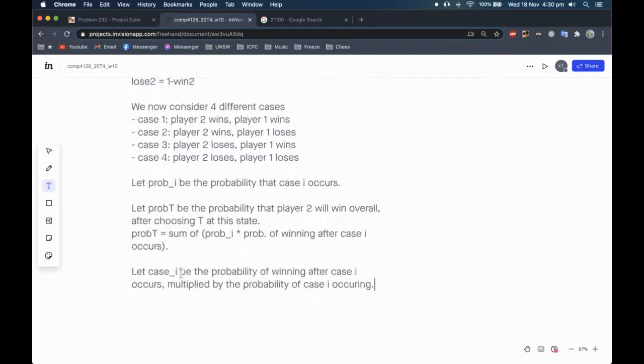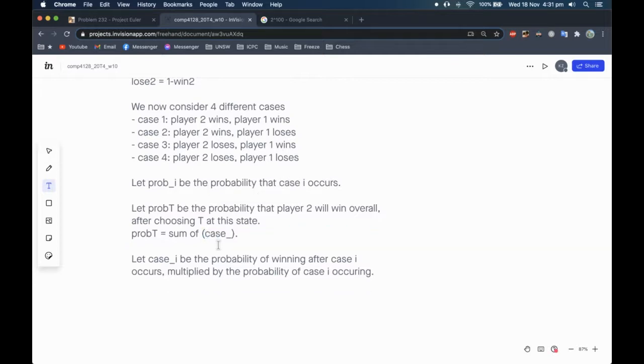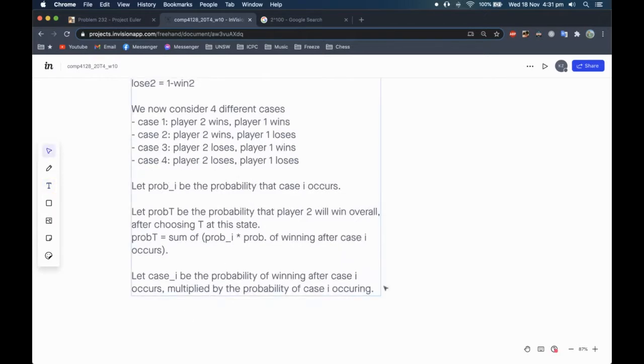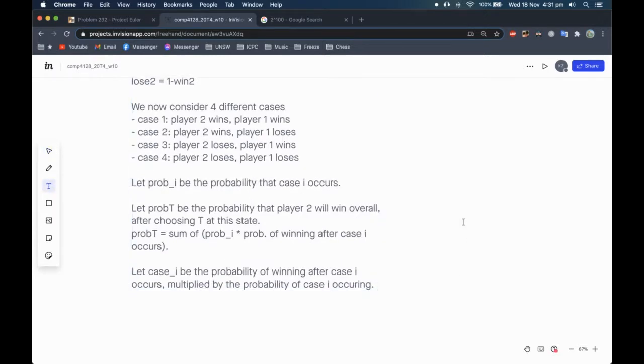In other words, what case i is really just equal to is this thing inside the bracket here. So in fact, you could just replace this with case i, and that would be equivalent. Okay. How do we actually calculate these case i's though?